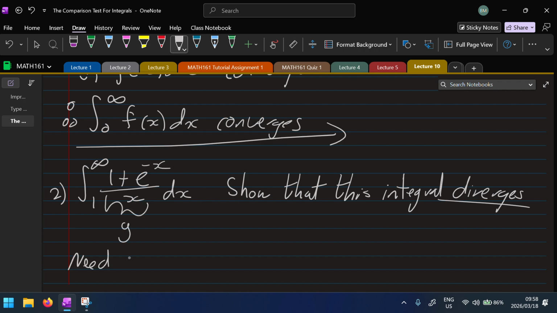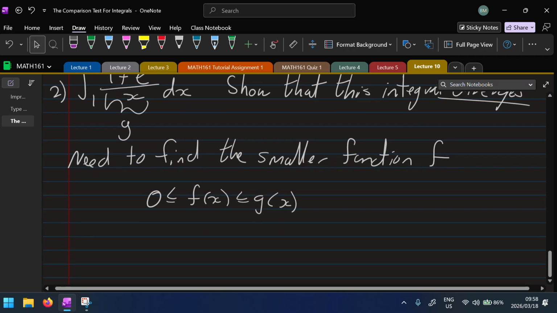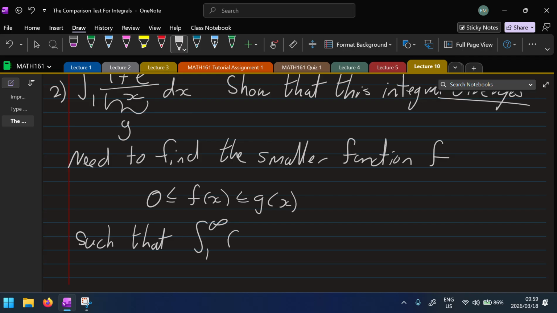So we need to find the smaller function f, 0 less than or equal to f of x less than or equal to g of x, such that the integral from 1 to infinity of the smaller one diverges.